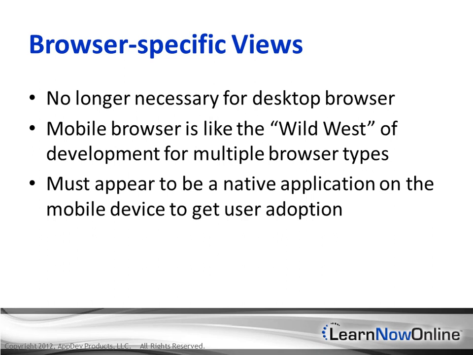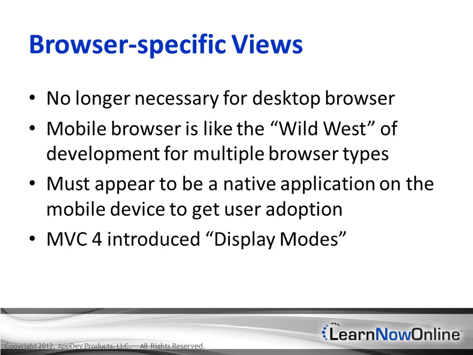Well, luckily, in MVC4, there's this concept of display modes. What this does is allow an internal method that acts as a browser sniffer, saying, hey, what kind of browser do you have? Are you an iPhone? Are you a Windows phone? What are you? This allows you to configure different templates to serve up based on the specific browser coming across.